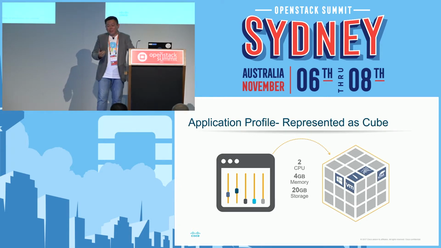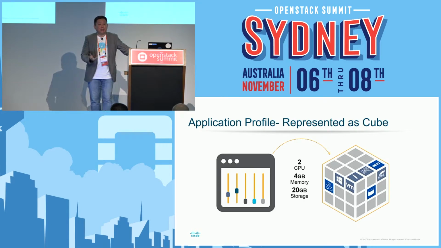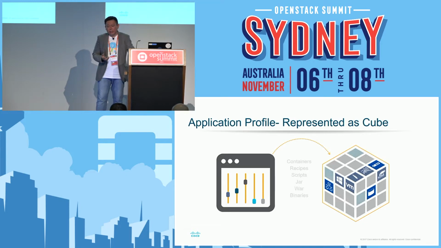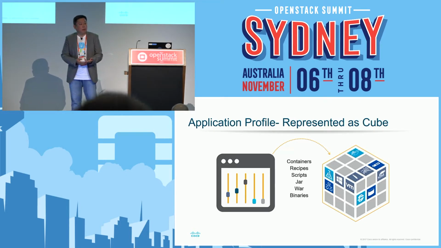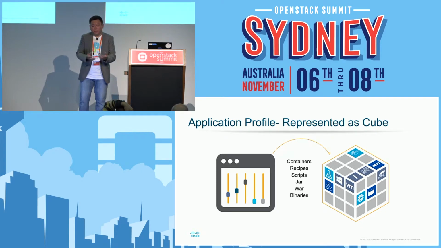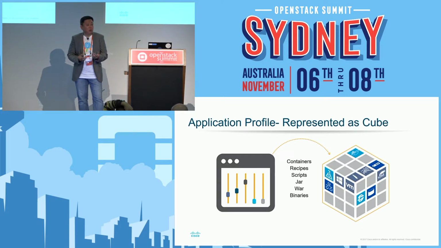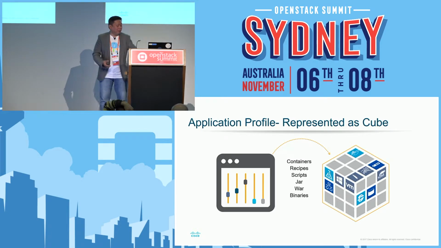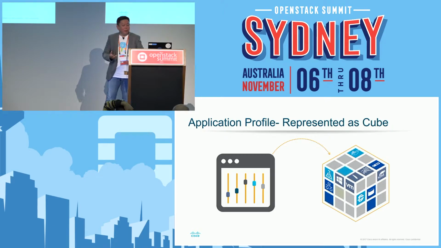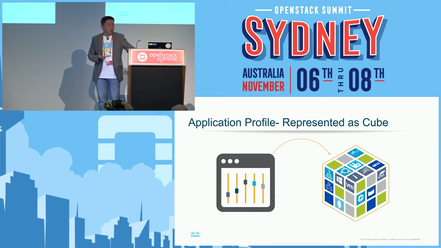The next thing is choices: standards, small, medium, large, governance, for example. Third is containers, whether it's Kubernetes, Docker, or ACI from Cisco. Your scripts, your JAR files, your WAR files, your binaries that actually push out, and that's part of our profile. So the other knobs are like, where do we deploy it to? That makes up an actual application profile.